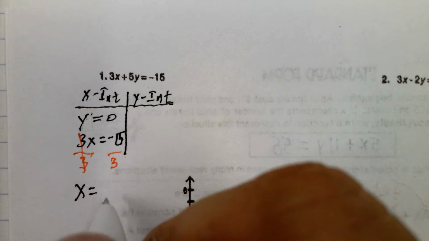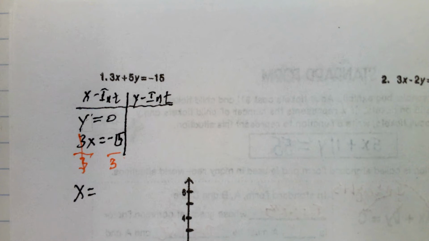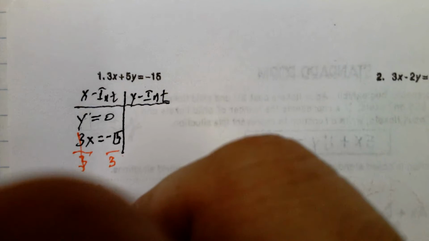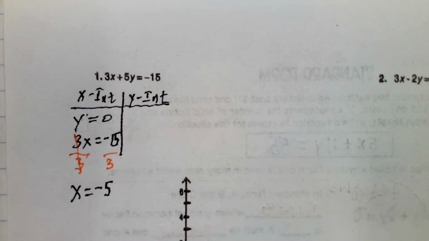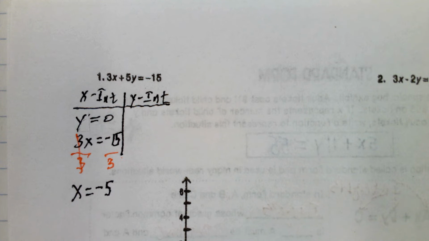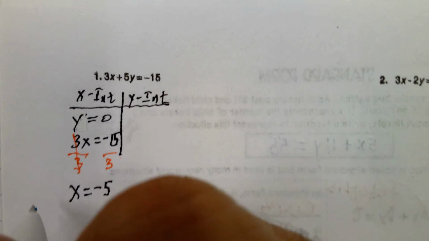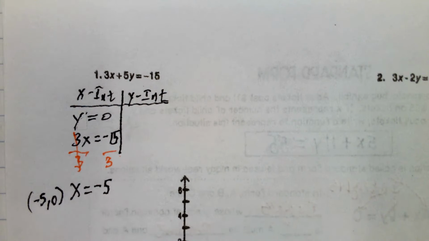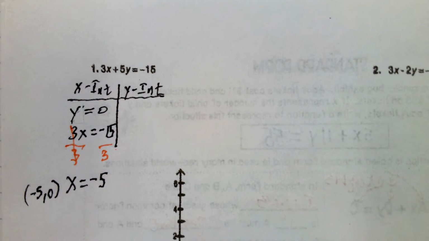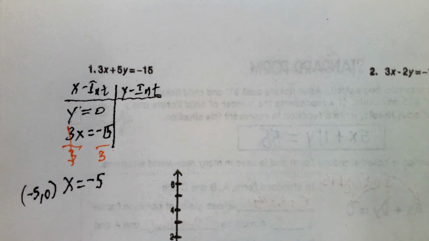X equals, what's it going to be? How many 3's go into 15? 5. But in this case, it's going to be negative 5. Okay. So now I have the coordinate for my x-intercept, negative 5, comma 0. Okay, so write that down. Negative 5, comma 0.